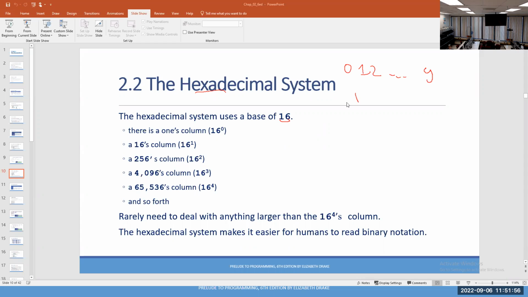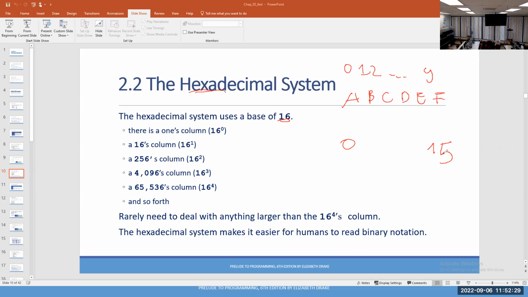And after that, you have A, B, C, D, E, and F. A is 10, B 11, C 12, D 13, E 14, and F 15. So if you have everything from 0 to 15 here, actually you have 16 values. That's why they call it base 16, or base hexa. Hexa means 16.